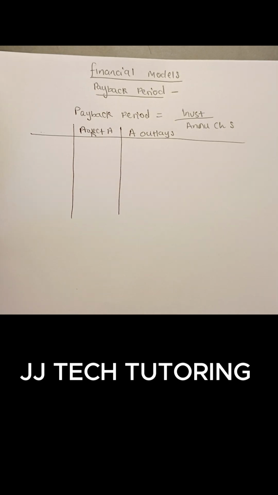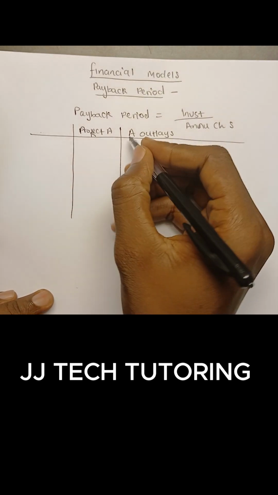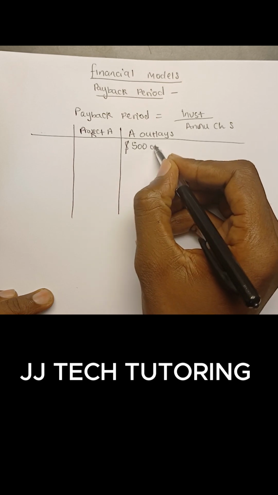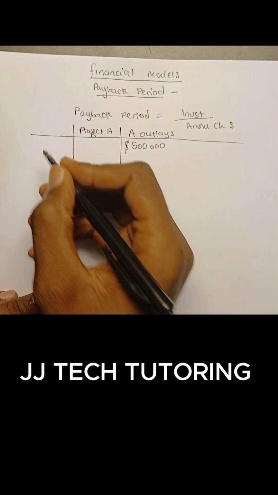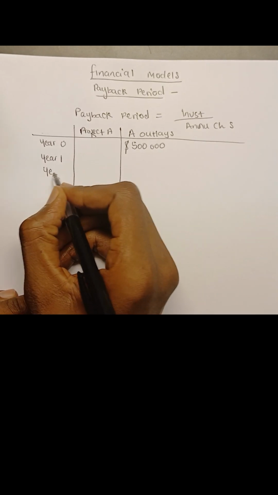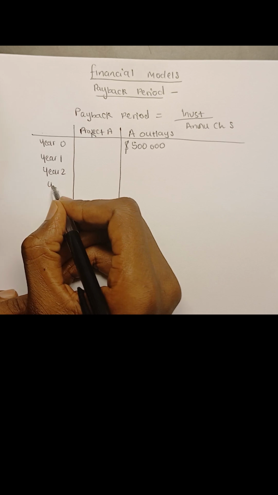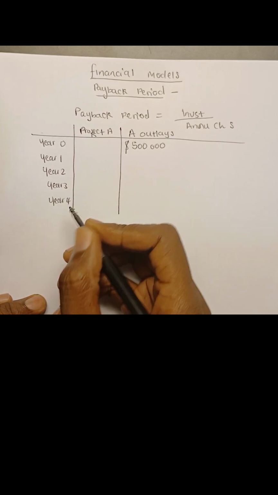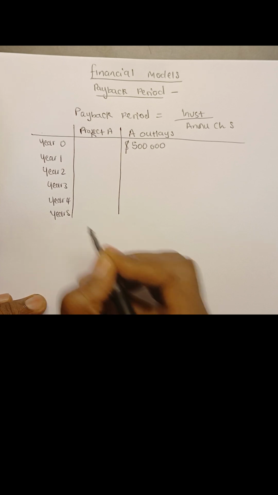So the investment here is 500,000 in year 0, the initial, then we can say year 1, year 2, year 3, year 4, and maybe year 5, right?